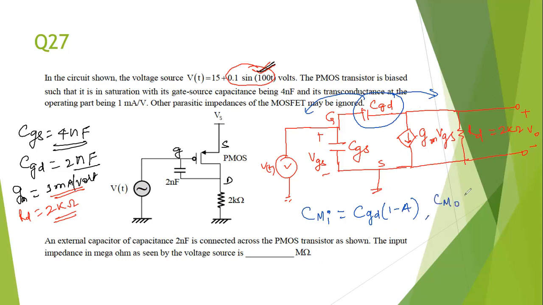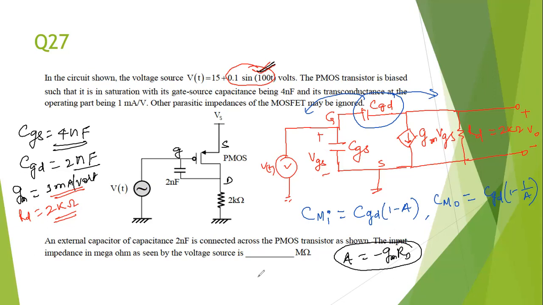CM naught is the output Miller capacitance. This is CGD into 1 minus 1 upon A, where A is the open loop voltage gain. So what is A? A is nothing but minus gm into RD.